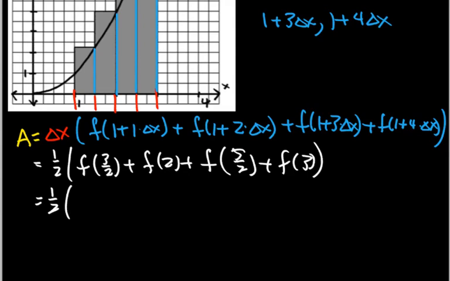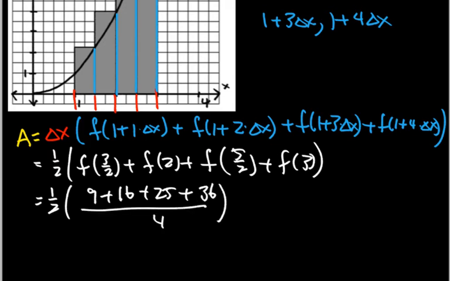Then simplifying that, we get 9 over 4 plus, I'm just going to do these all over 4 immediately, so 2 squared is 4, so 16 over 4, and then 25 over 4, and that'll be 9, so that's 36 over 4. And that was all divided by 4.